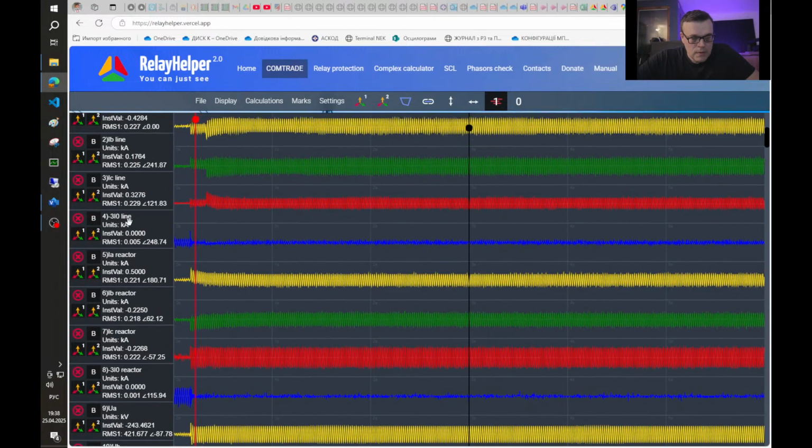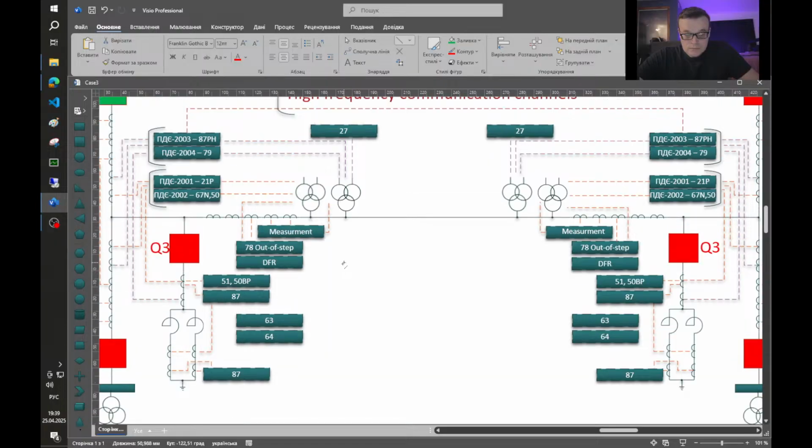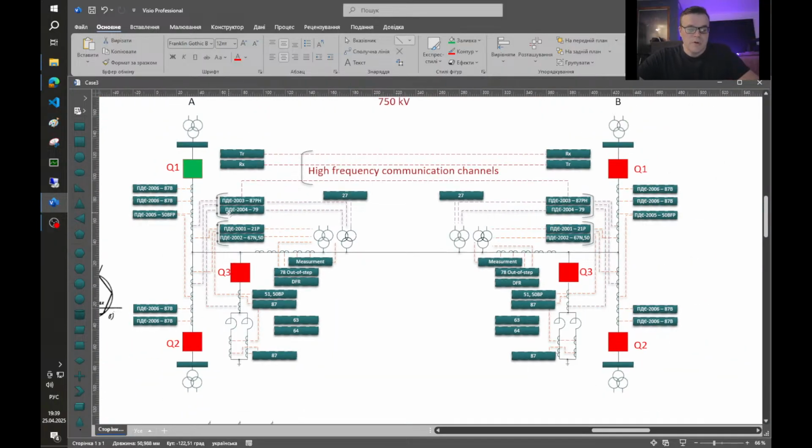So how does it happen? It is usually done through the automatic reclosing. Usually before energizing, operational staff determine from which side to put the voltage on the line.